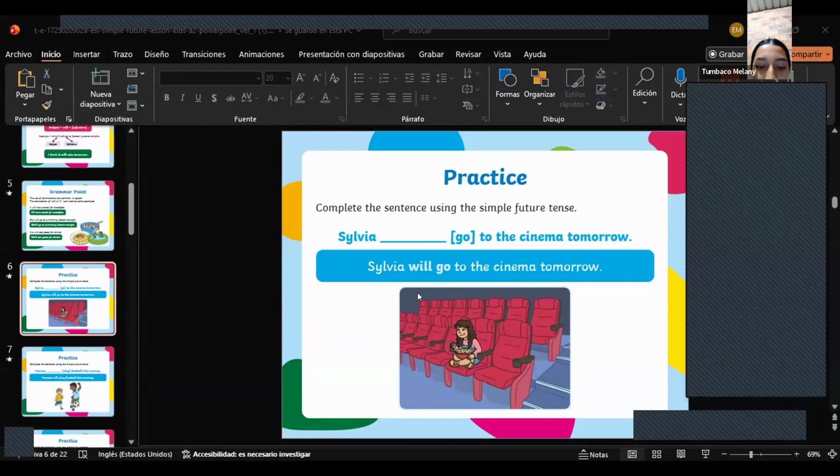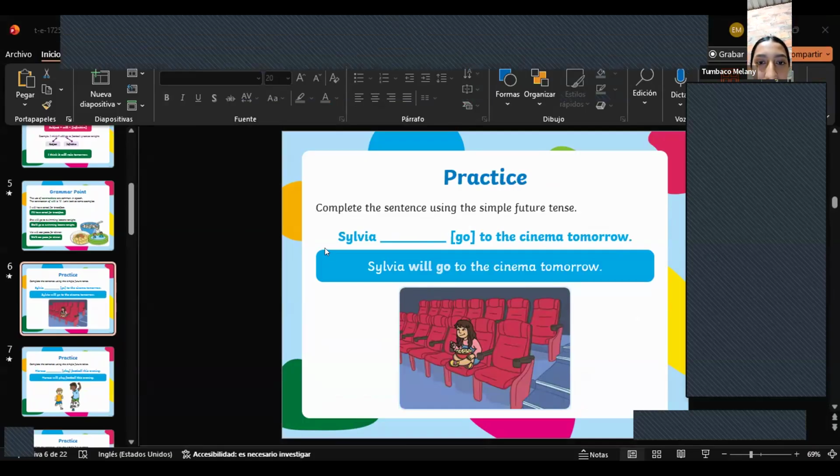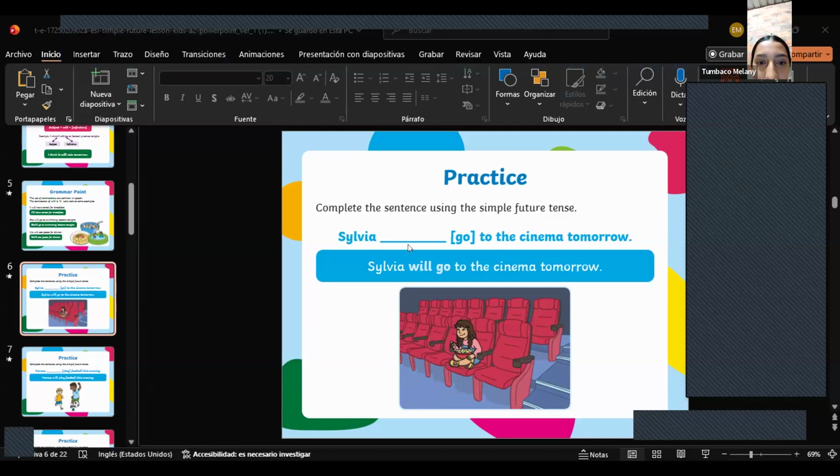Okay, so let's remember the use of the simple future. In this exercise, you have to complete the sentences using the simple future tense. You use will plus the base form of the verb to talk about the action that will happen in the future. Okay, read the sentence: Sylvia will go to the cinema tomorrow.